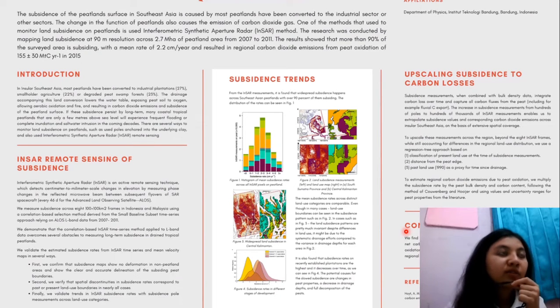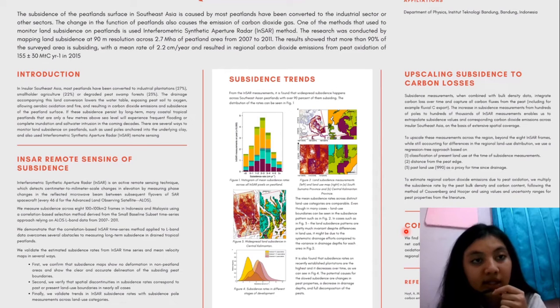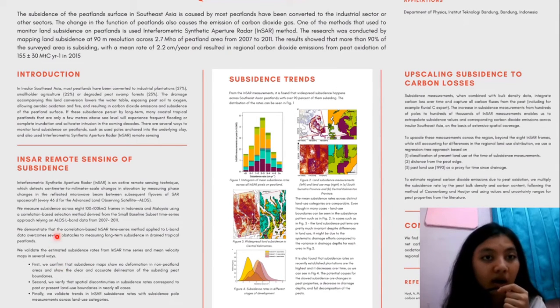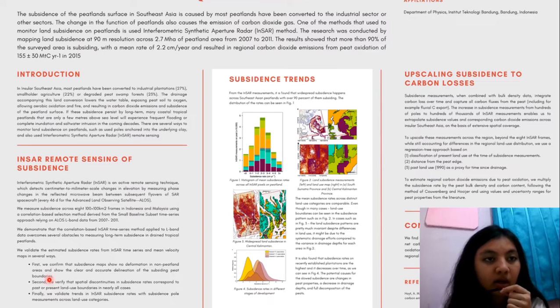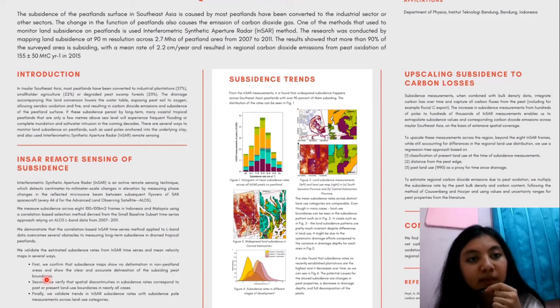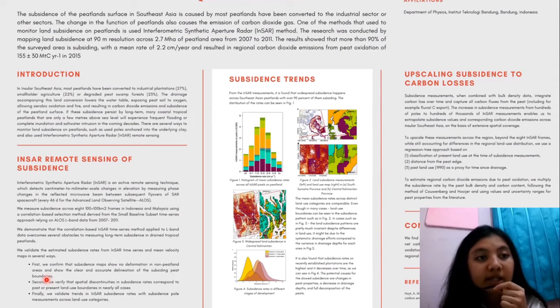And then we validate the estimated subsidence rates from InSAR time series and mean velocity maps in several ways. First, we confirm that the subsidence maps show no deformation in non-peatland areas and show clear and accurate delineations of the subsiding peat boundaries.